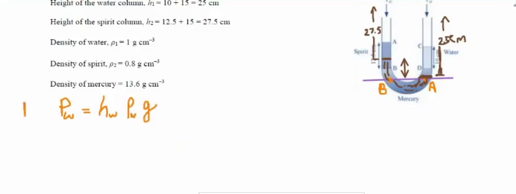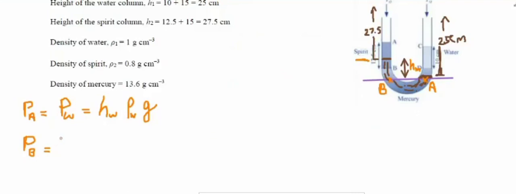And that is the pressure at A. Now come to pressure at B. Pressure at B means it is pressure applied by the mercury of height Hm, plus pressure applied by 27.5 centimeter of spirit.